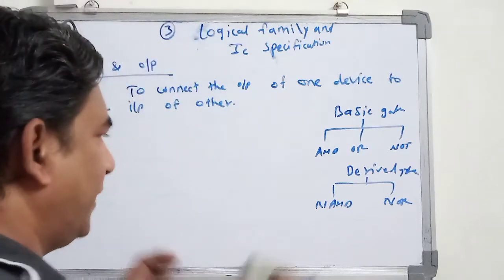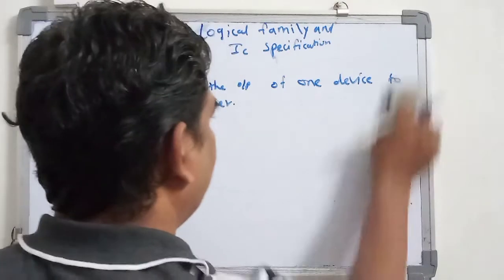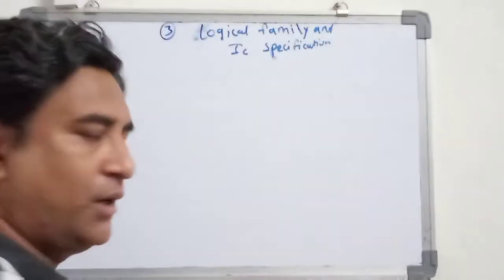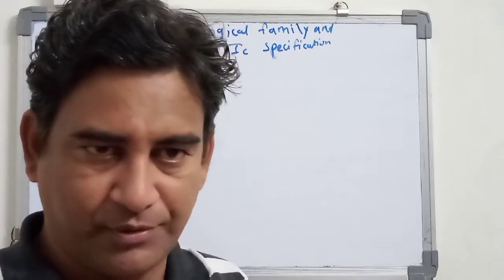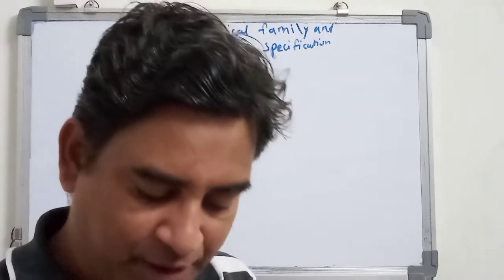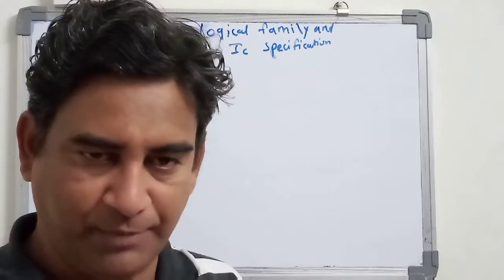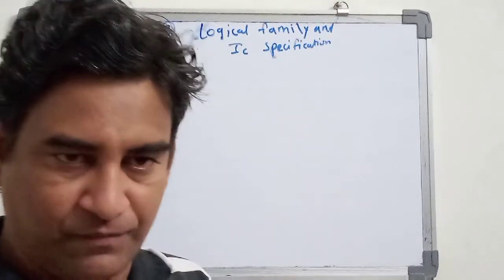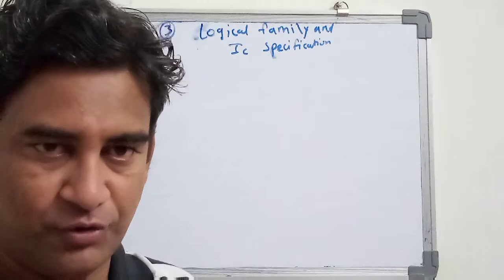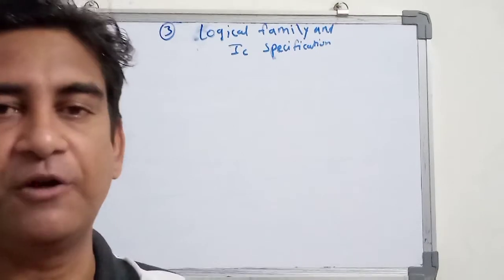Now, the digital circuit. As I told you previously, it is a very small chip, a small piece of semiconductor material. Which is that particular material?